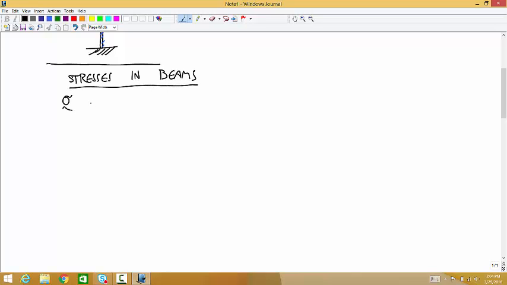The total stress tensor is equal to the stress tensor due to tension plus the stress tensor due to the bending moment plus the stress tensor due to the shear force plus the stress tensor due to torsion. We're done with this one, and so we're just going to keep going down the list.